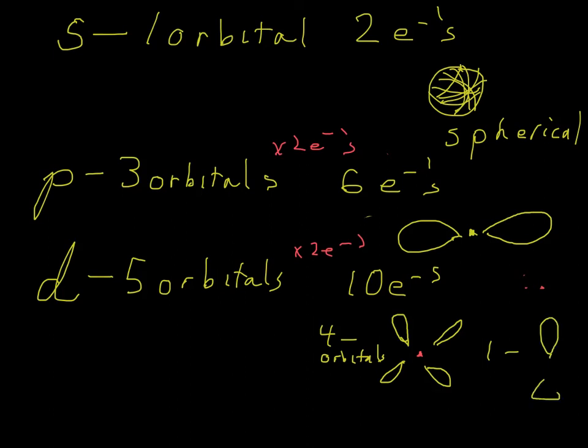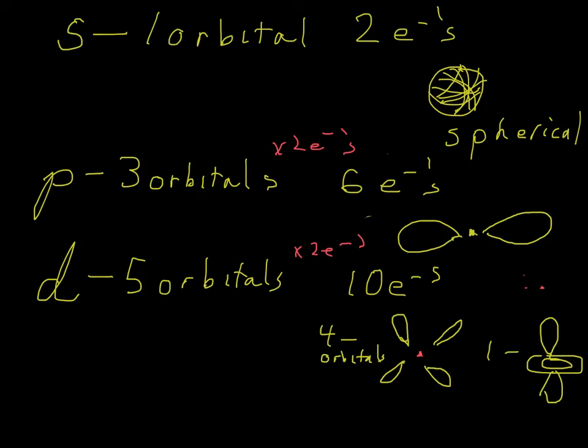Jelly donuts. Because Homer Simpson just doesn't want 2 ice cream cones. He wants 2 ice cream cones with a jelly donut shape in the middle. So those are the shapes of the d orbitals.